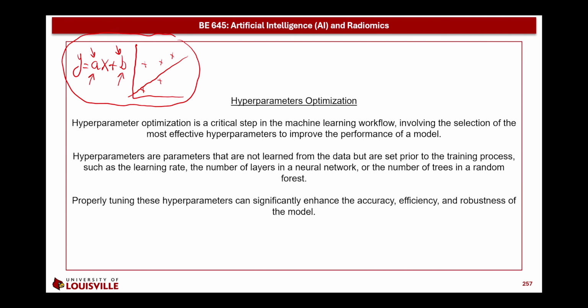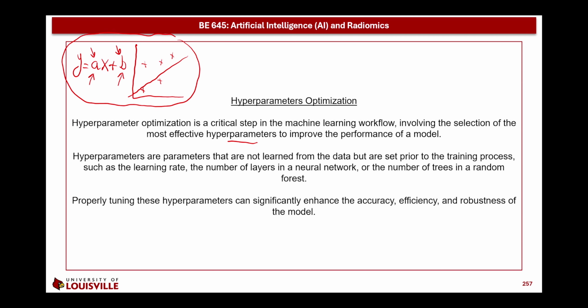for our data. By doing that process, this is called hyperparameters optimization, and hence hyperparameter optimization is a critical step in the machine learning workflow, and it involves the selection of the most effective hyperparameters or configurations to improve the performance of a model.